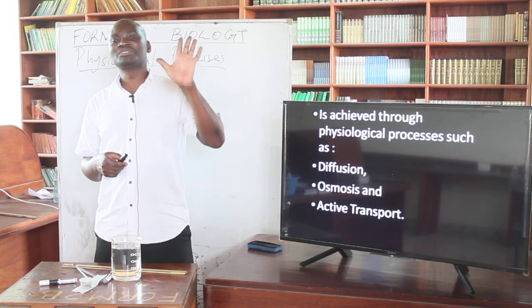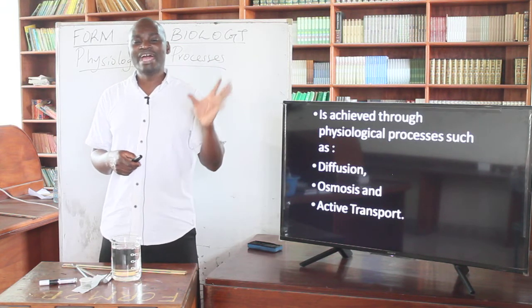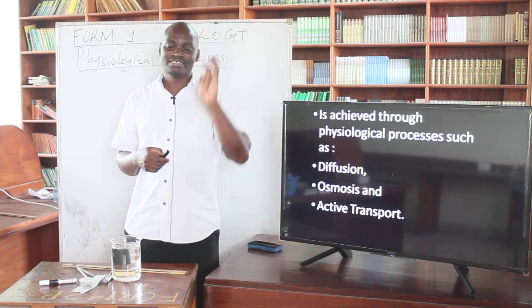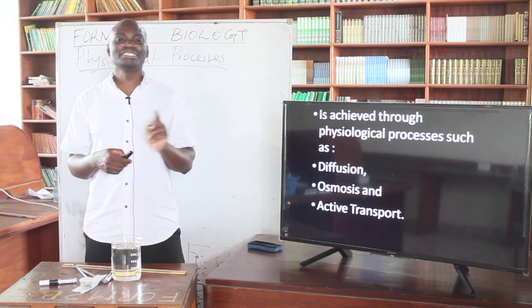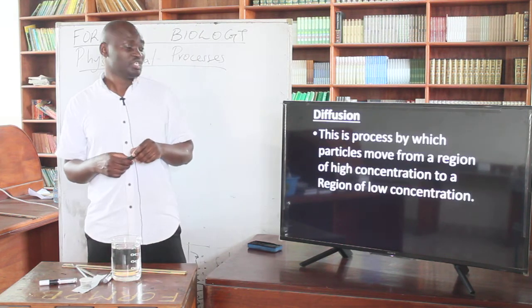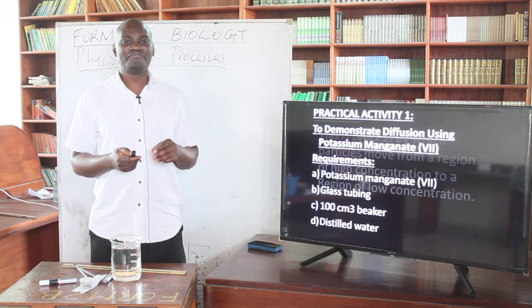So the 3 physiological processes that will take 90% of our discussion on this topic are diffusion, osmosis, and active transport. Now, let us look at what we call diffusion.